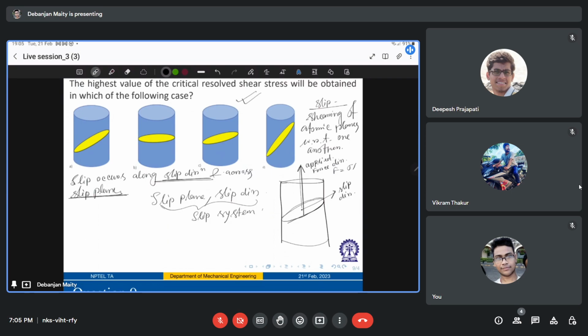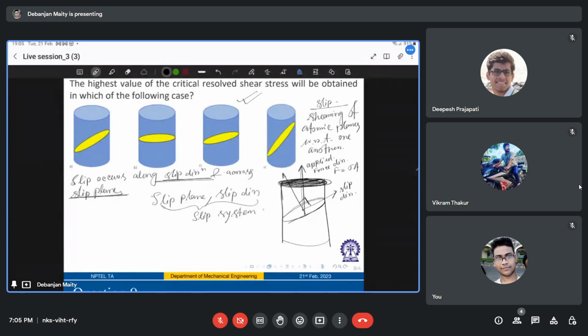F is equal to sigma into A. So this area is your A. Now let's say this is my direction, which is normal to this slip plane. So let's say this is the slip normal.